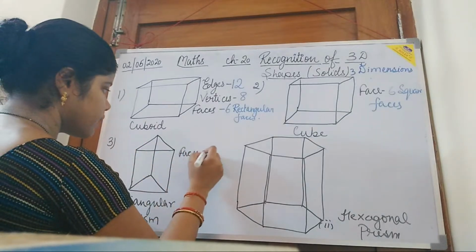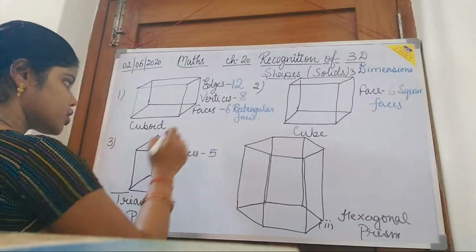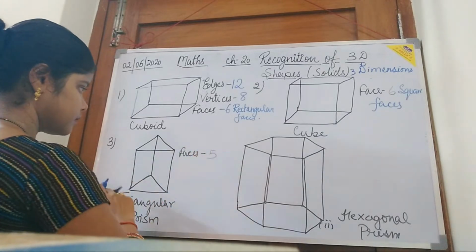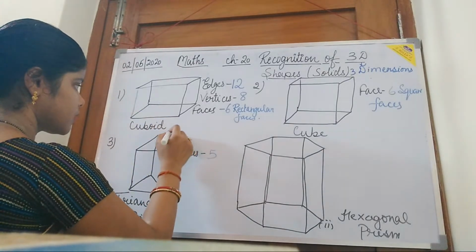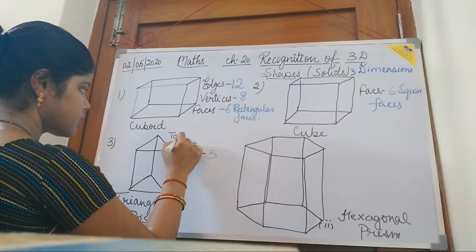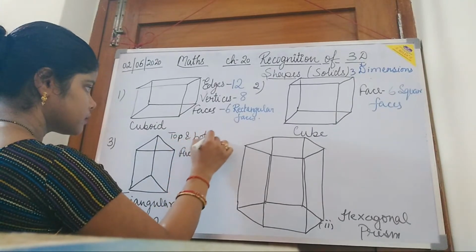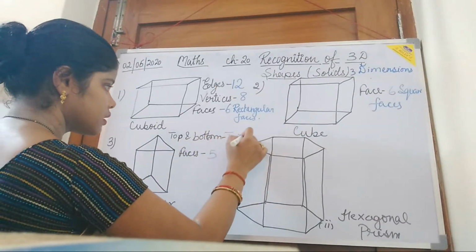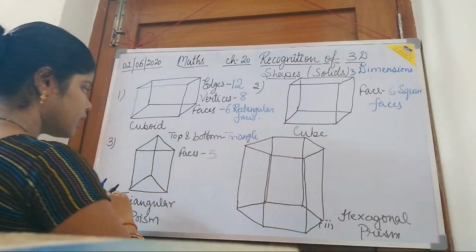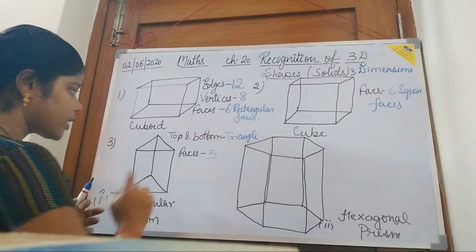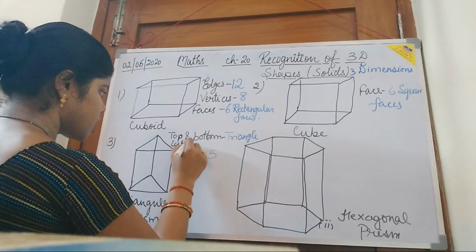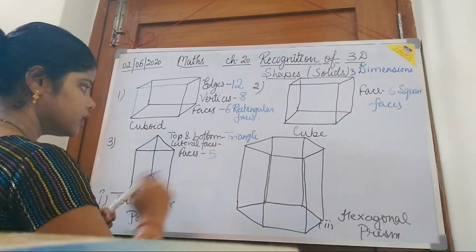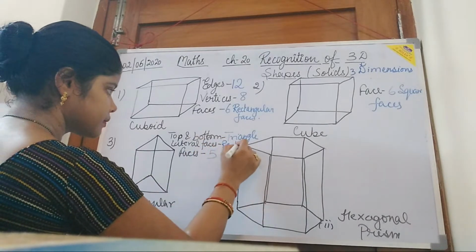So total faces are 5: top and bottom as a triangle, and other lateral faces as rectangular. Lateral faces you call as side faces, as a rectangle.